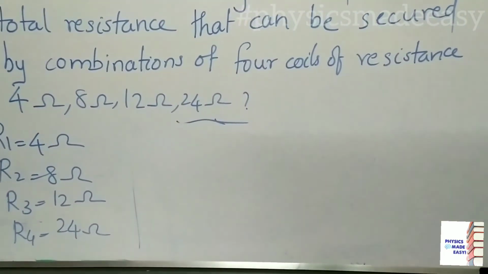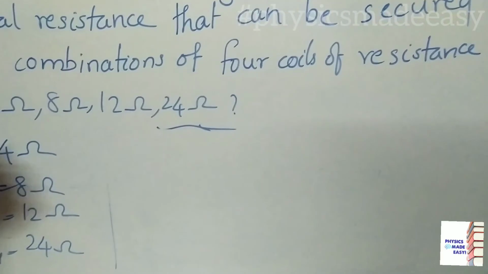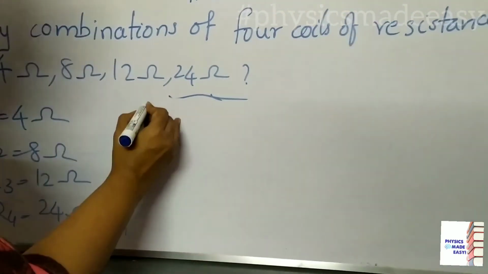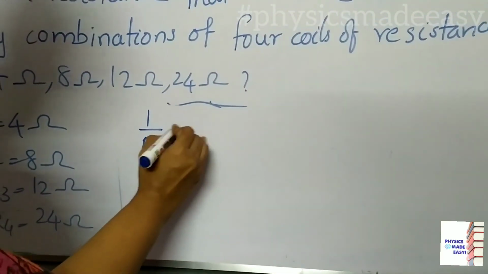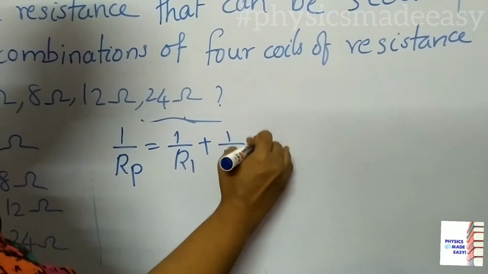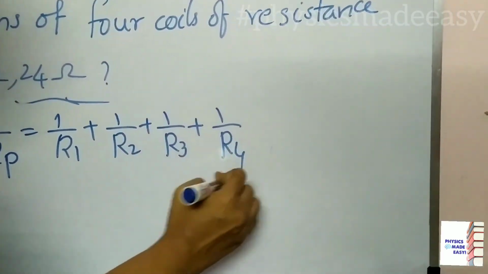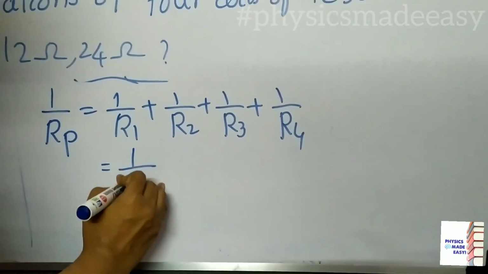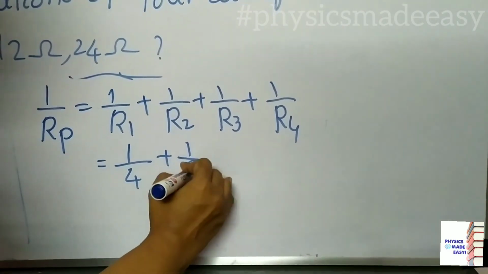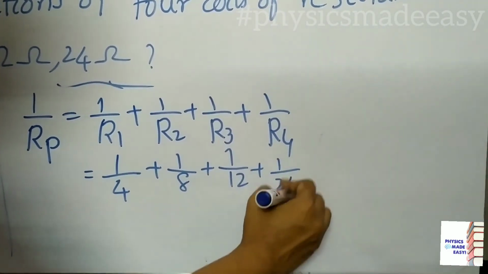Then how can we get the lowest value? There you have to connect these 4 resistors in parallel. So 1 by Rp is equal to 1 by R1 plus 1 by R2 plus 1 by R3 plus 1 by R4. So here 1 by 4 plus 1 by 8 plus 1 by 12 plus 1 by 24.